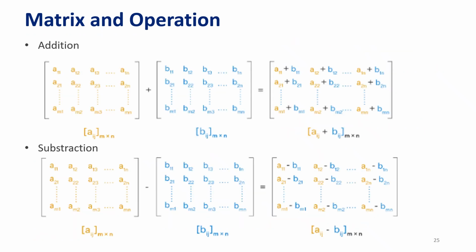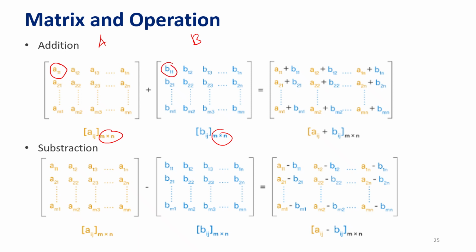Next, this slide focuses on the addition and subtraction of matrices. When you have two matrices with the same size, let's say matrix A and B, both with the size of m by n, in order to add these two matrices you just need to add the values of the same index, for each entry.